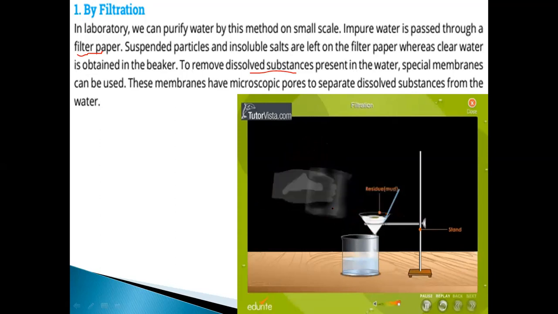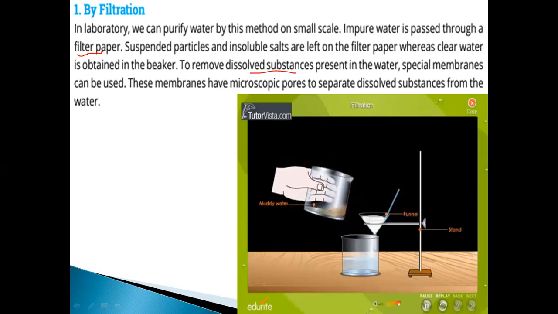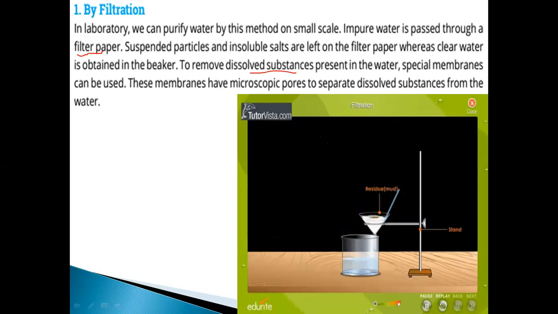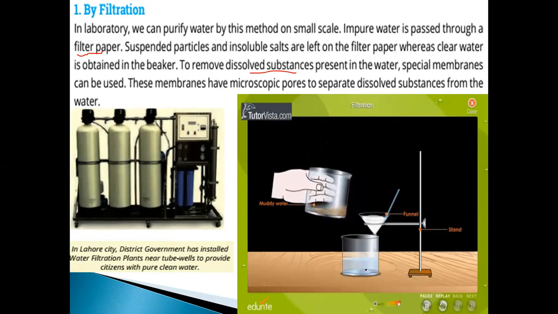As you can see here in this beaker, there is residue of mud, sand, or whatever the substance is, it is left on the filter paper. So this water is clean now, but this water is not so pure to drink, because lots of invisible substances are also present in that. So what is the other method? We will use a very simple method to just separate or just kill all the germs which is present here.